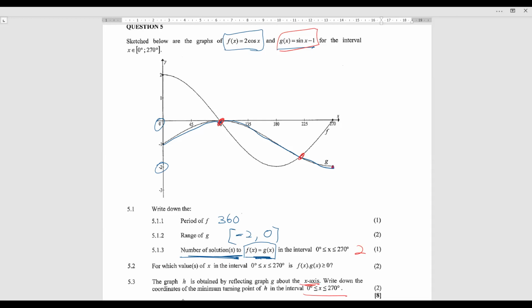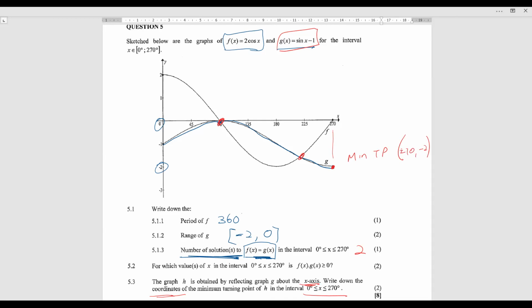The coordinates, all right? You've got to be careful there. It says the coordinates. What's your minimum turning point on g as it stands right now? It'll be 270, -2. Right.